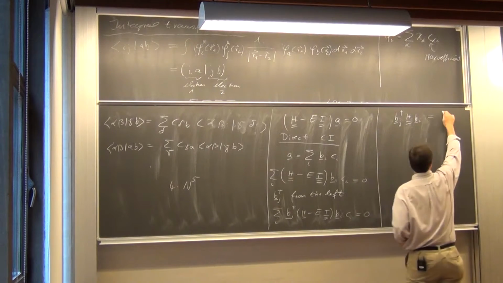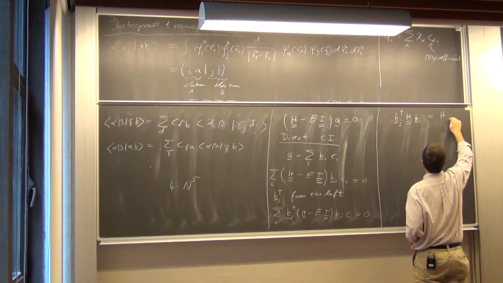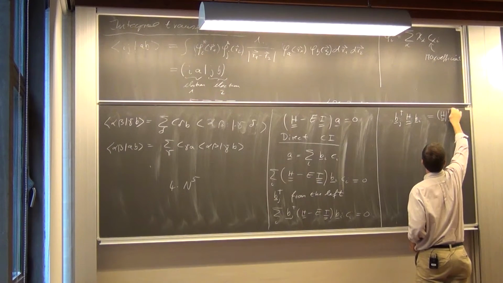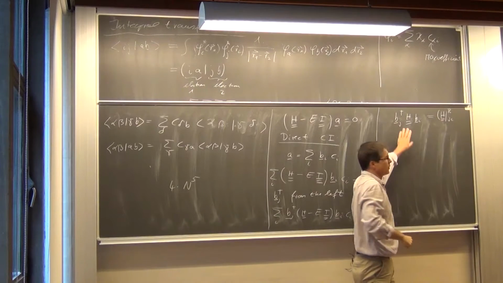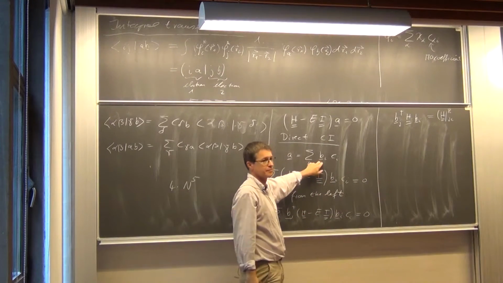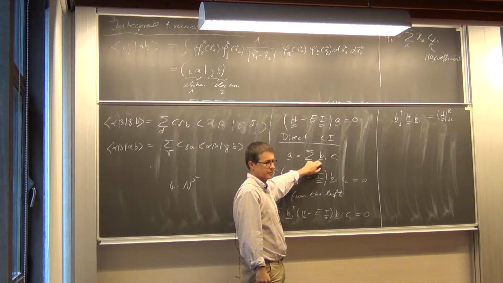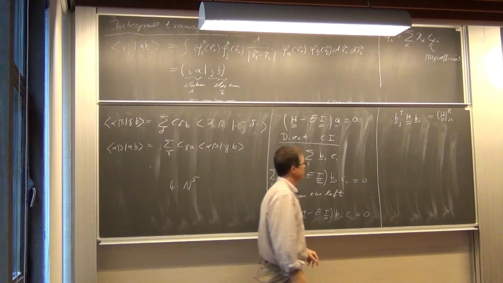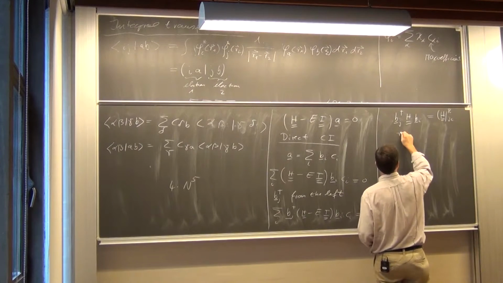That is the ji element of the Hamiltonian matrix, but now in the space of those basis vectors, which is called the reduced space.